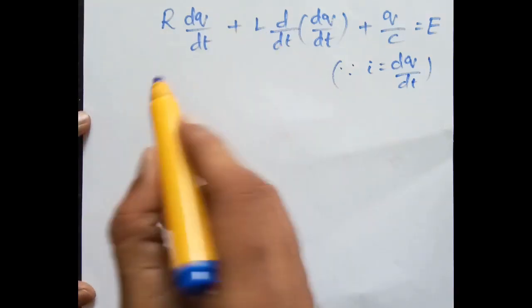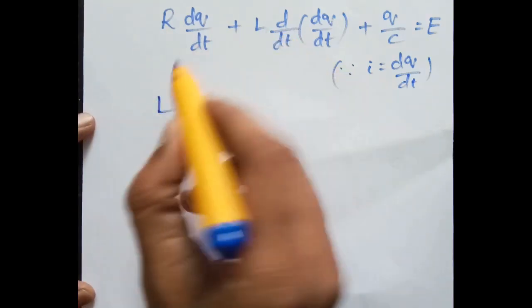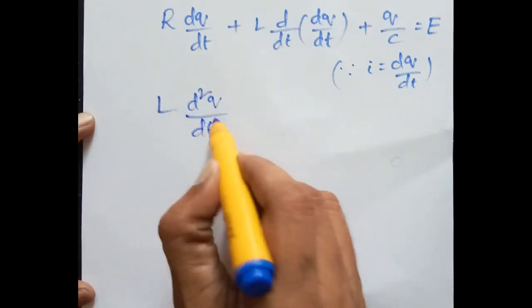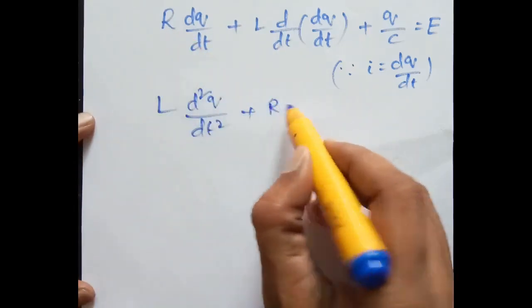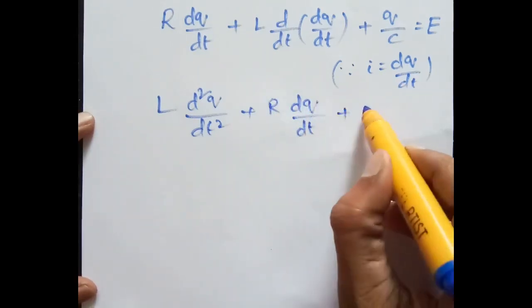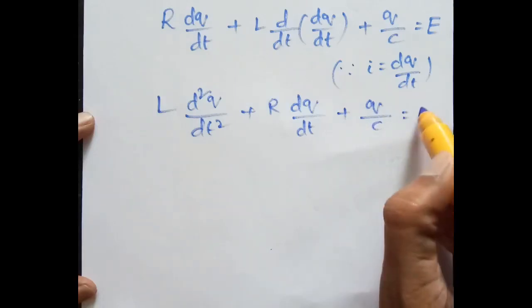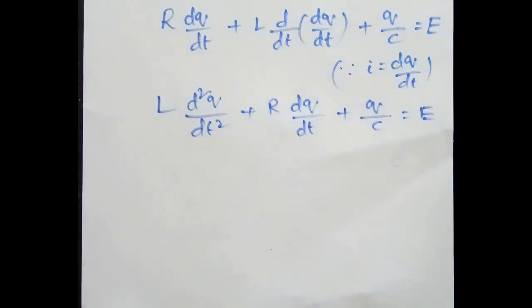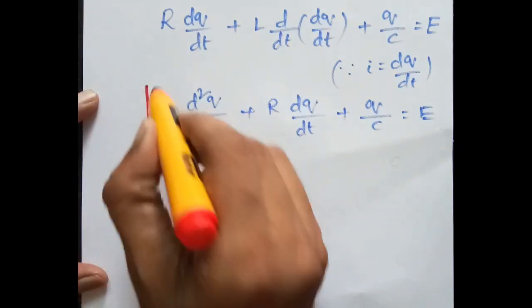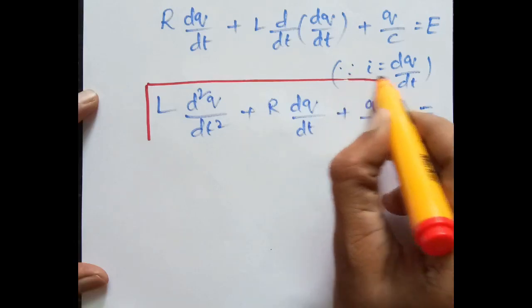Therefore, L into d square q by dt square plus R into dq by dt plus Q by C is equal to E. This is our desired differential equation in terms of Q for the given LCR circuit.